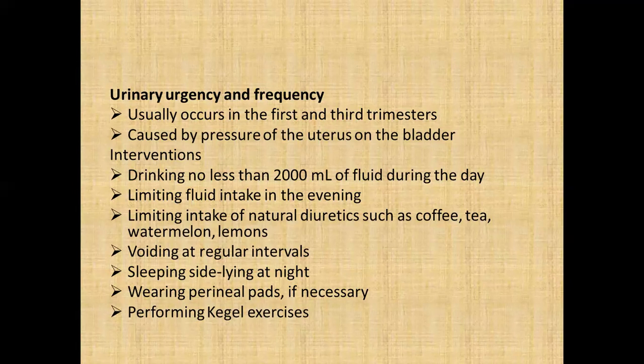If the person is in the second trimester and is having urinary frequency and some form of pain during urination, the moment you see this, it should click in your mind that the person is having a UTI. And you know, UTI in pregnancy is very bad. It can lead to a lot of complications. So when you see urinary frequency in the second trimester, it is not typically normal. It requires you to highlight it for further management. So urinary frequency is only expected in the first and the third trimester.